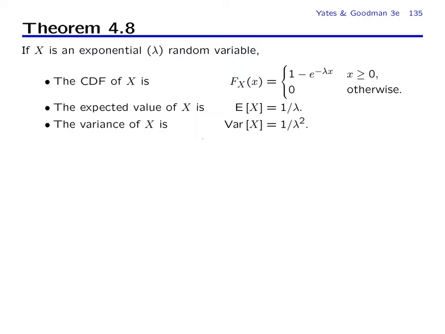You might look at this CDF and think it looks unfamiliar, but if you take a derivative for the PDF, going piecewise, we get the derivative of 1 minus e to the minus lambda x, and that derivative is lambda e to the minus lambda x for x greater than or equal to 0.